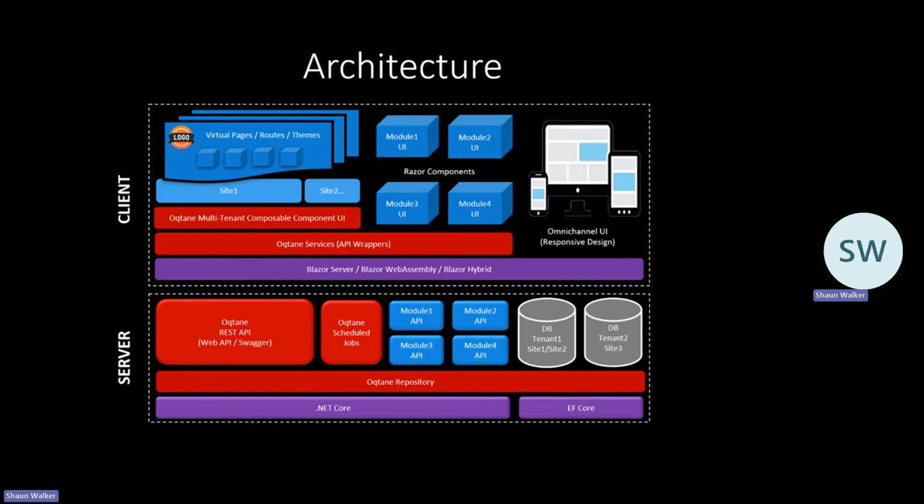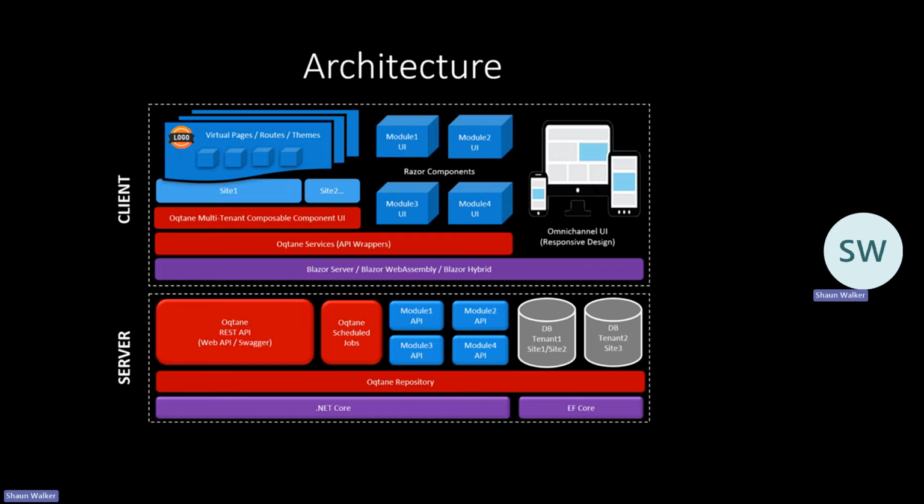If we focus on the bottom of this diagram first, we can see that it's running on .NET Core and EF Core as its main technologies from the Microsoft stack that it depends on. Oqtane has its own repository layer, which is used to interact with the database because it of course does require a database for storing configuration.